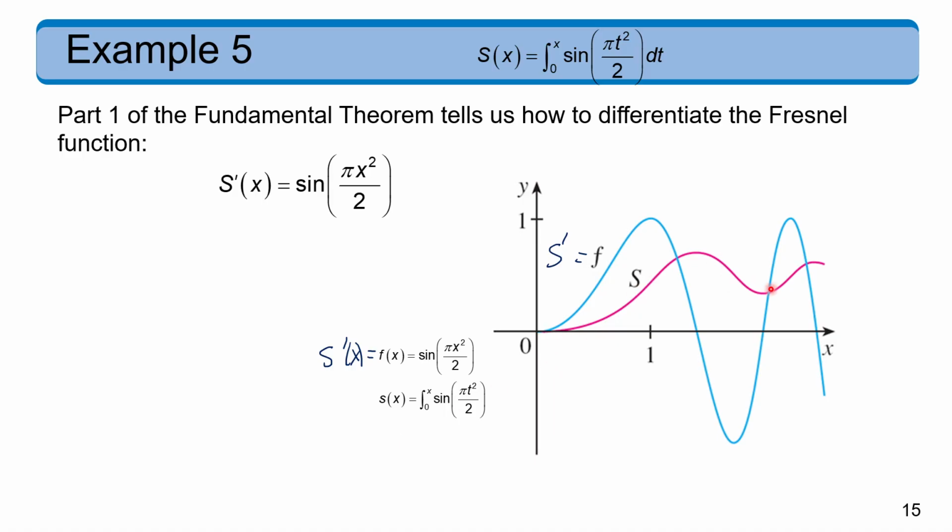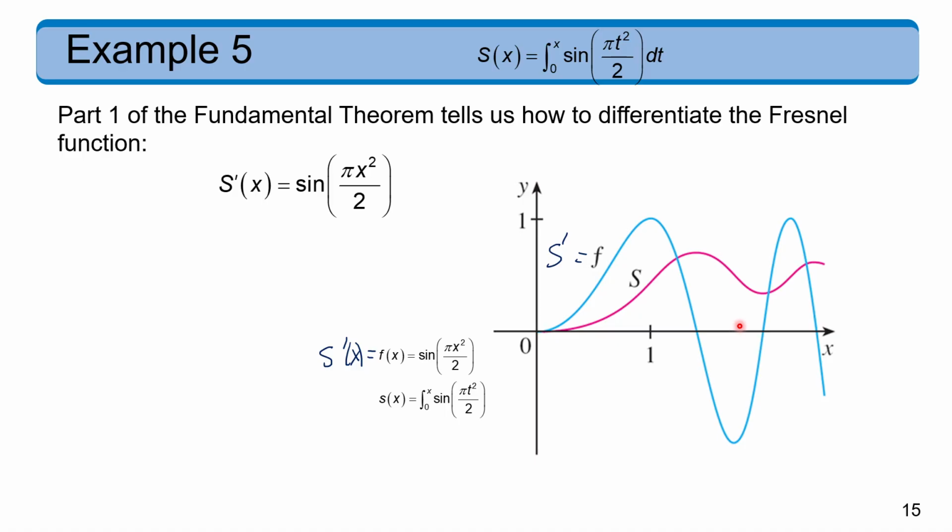So if we do some of our analysis from earlier of the relationship between the graph of a function and its derivative, you'll see that this fits it perfectly. If you were given the graph of S without a formula, just a curve, and you were asked to graph the derivative, if you think back to those techniques, you would pick several points along the curve, sketch a tangent line, and estimate the slope at those points.